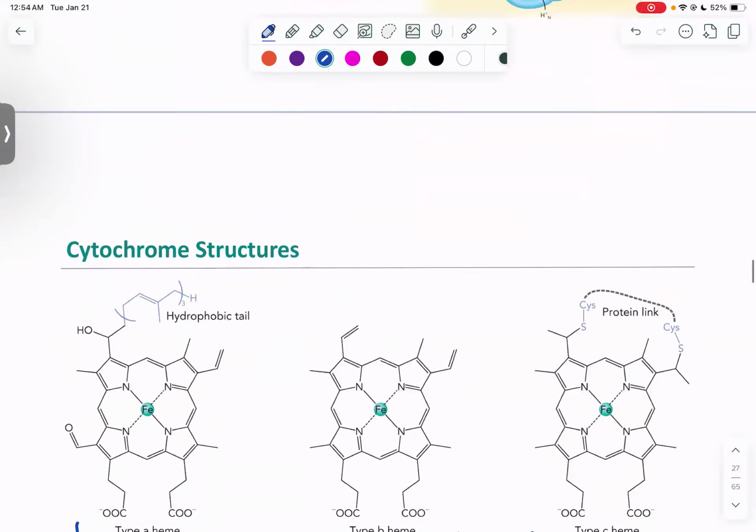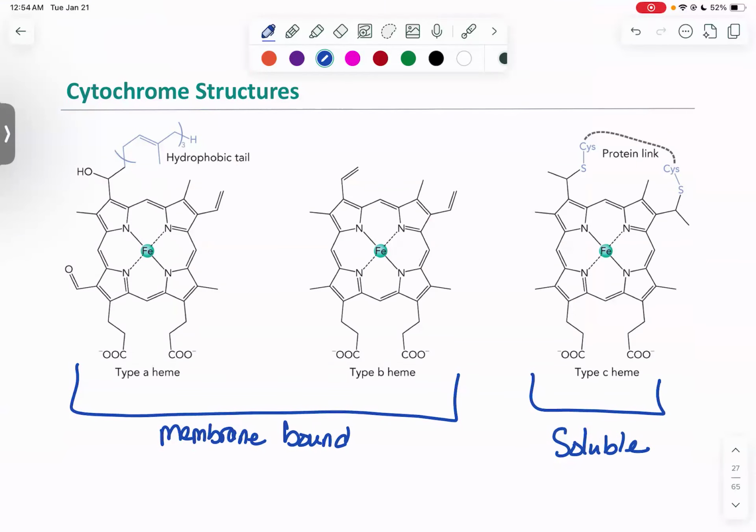Yeah. So when we look at cytochromes, remember we take our electrons and we're going from QH2, through complex 3, which is the ubiquinone cytochrome C oxidoreductase. And we're going to give those electrons one at a time to our cytochromes. So our cytochromes, you can have different variations, right?